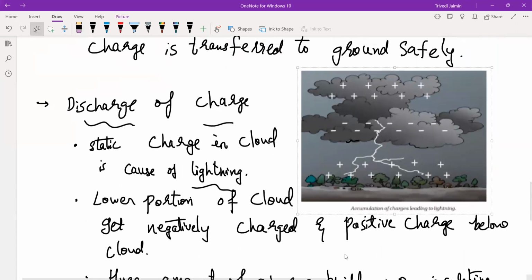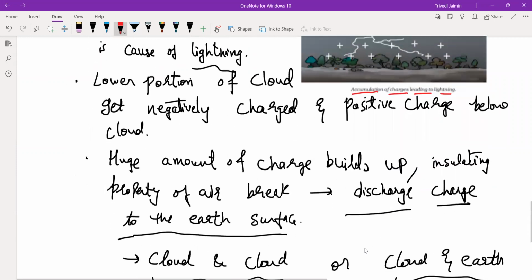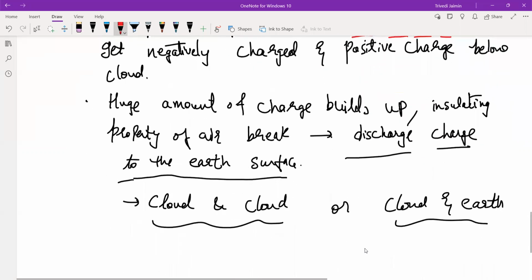Now it is clear, I think, right? Yes, sir. Yes, now it's clear. So accumulation of charge leading to lightning. Okay. Fine.